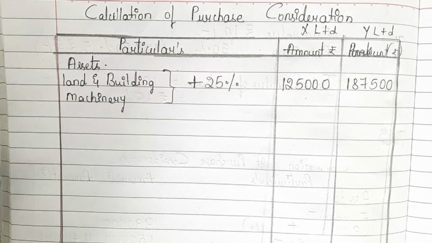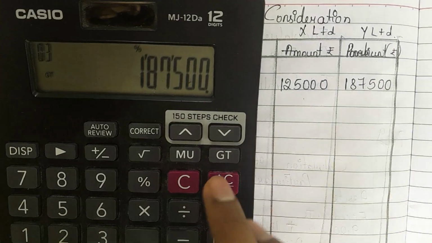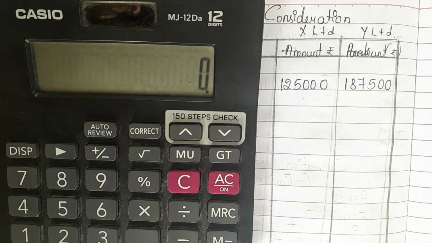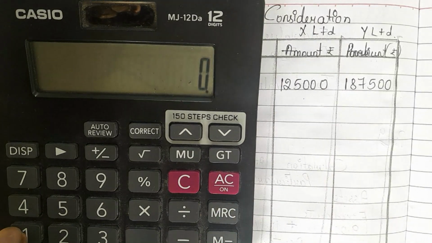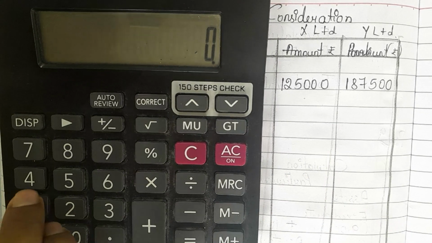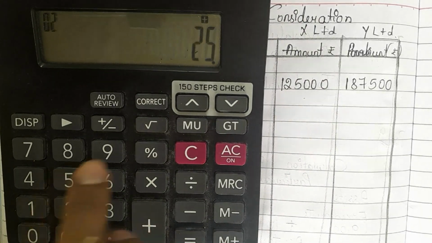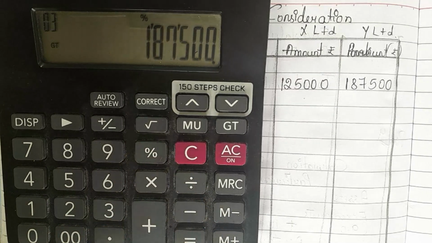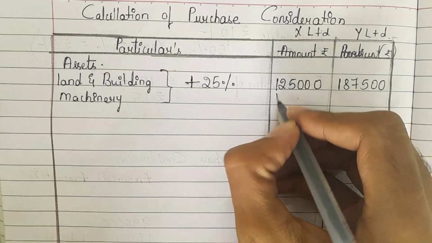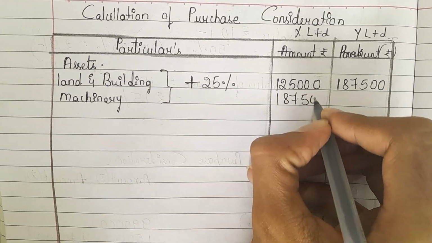Next is machinery. Machinery also 25% more. So X Limited company has the machinery value in their balance sheet of 1,50,000. So 1,50,000 plus 25% is 1,87,500. That you need to write here, 1,87,500.